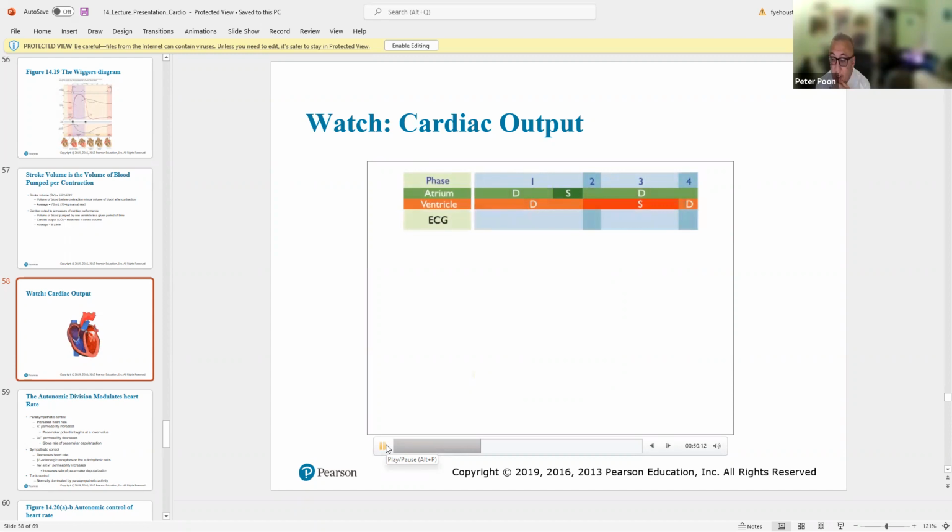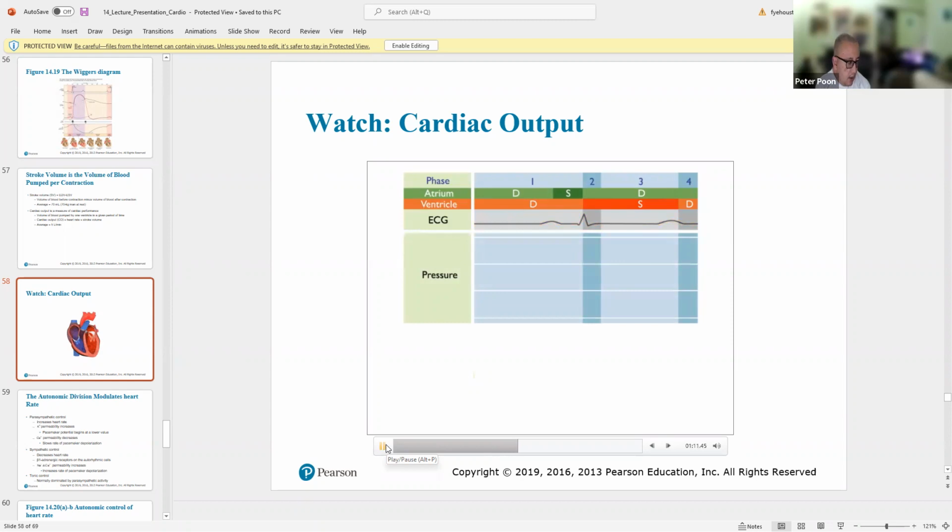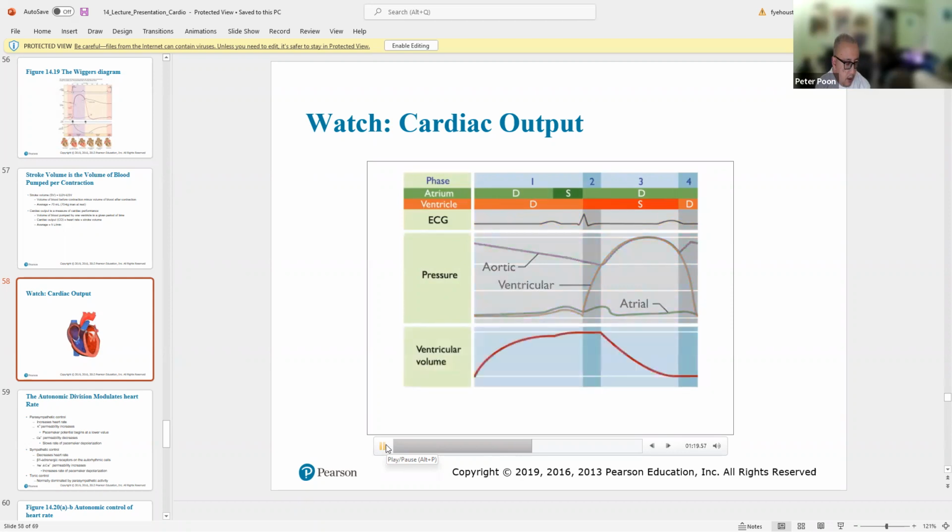The electrocardiogram, or ECG, records the electrical activity of the heart. Electrical activity shown in the ECG precedes contraction and relaxation of the atria and ventricles. As the heart contracts and relaxes, changes in pressure occur within the chambers. These graphs allow us to see the pressure changes in the atria, ventricles, and aorta. By graphing the volume of blood in the ventricle, we can see when the ventricle fills with blood and the volume increases, and when blood is pumped out of the ventricle and the volume decreases.